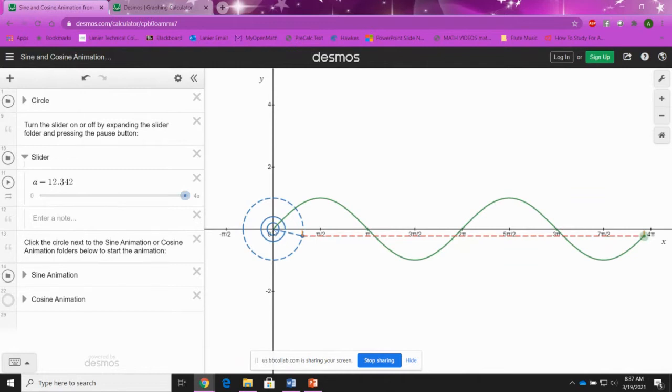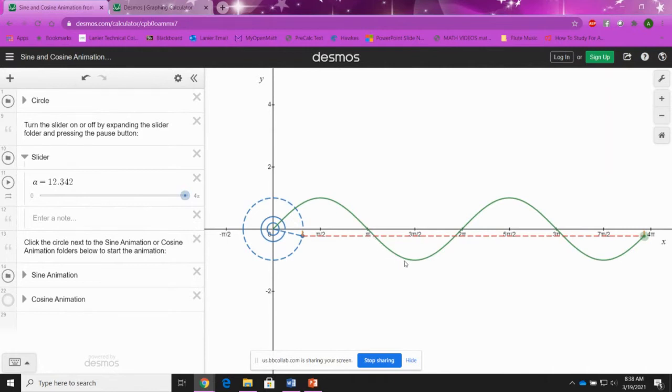You'll notice that sine starts at the origin and goes up to its maximum value right here. That happens at pi over 2 radians, which is 90 degrees, and that reaches a height of 1. It comes back down until we are at an angle of pi, which would be 180 degrees, and we are on the x-axis there, so we have a value of 0.